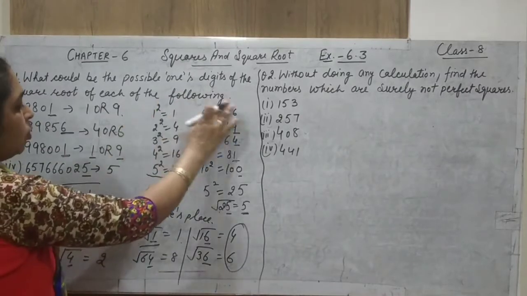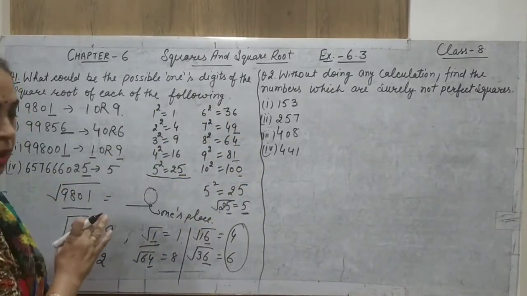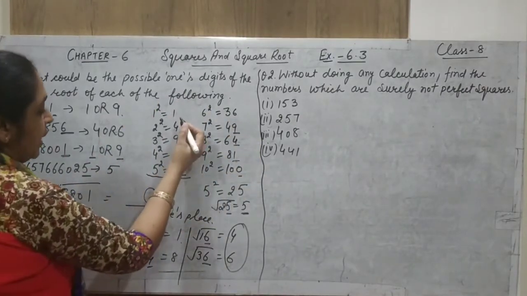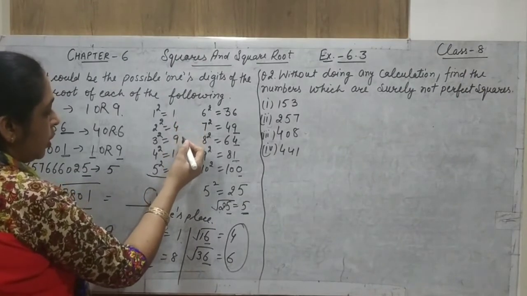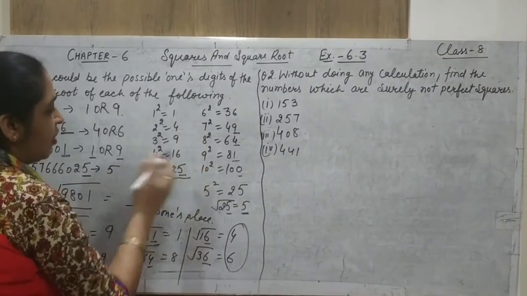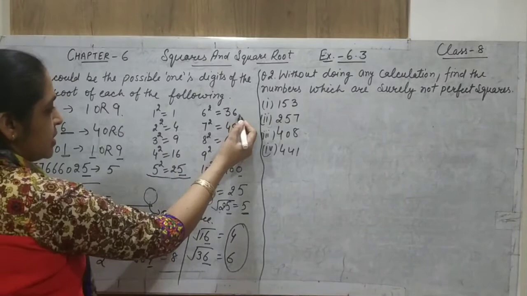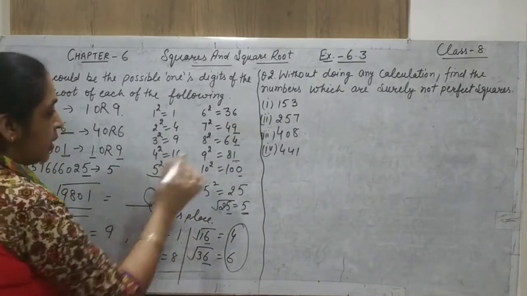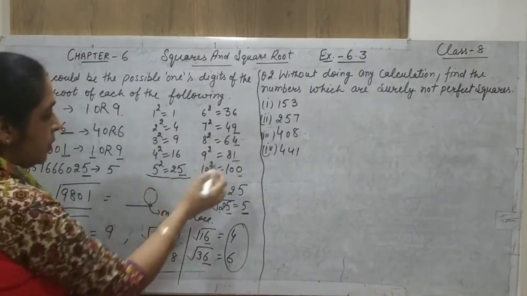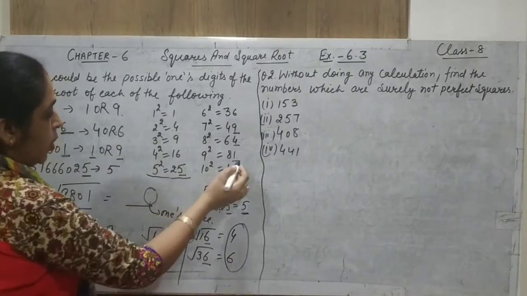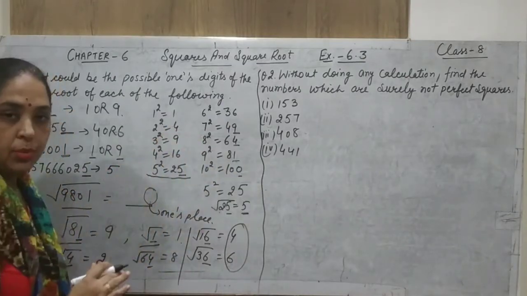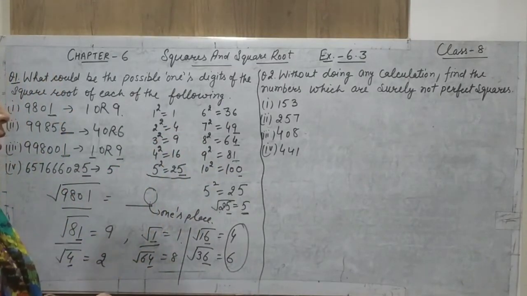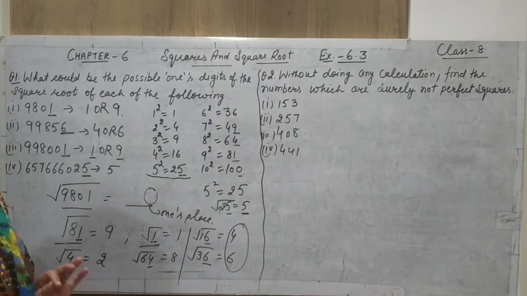If we observe the squares of 1 to 10, the unit places are either 1, 4, 9, 6, 5, and 0. Other than these numbers, no other digit comes at the unit place of a perfect square. Alright, so what do we write?